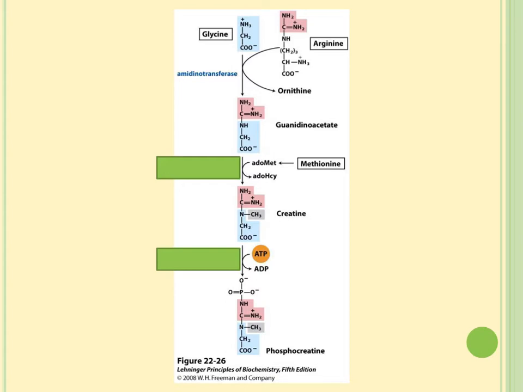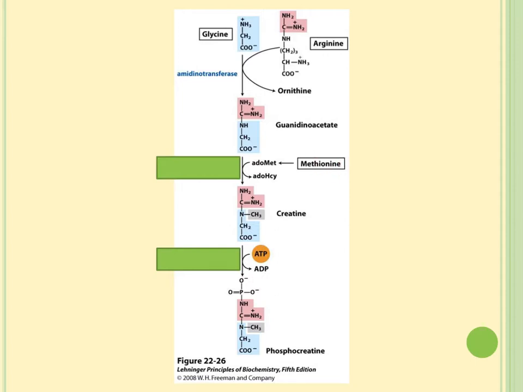This is adding the end of that arginine, transferring it over to the glycine to make, if you remember your functional groups, the guanidino group, the guanidinoacetate. We don't think it's a guanidino transferase, because for it to be one, that nitrogen right there would have also had to be transferred. So it's only an amidino part that was transferred over to make a guanidino group that's on an acetate.